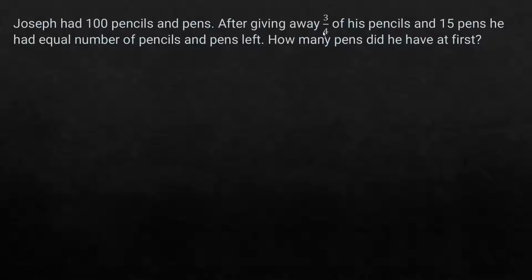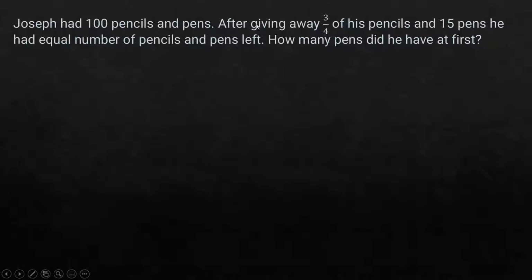In each part, we don't know how many pencils there were, but he divided them into 4 groups and gave away 3 groups. So he was left with 1 out of the 4 groups, right? And in terms of quantity, he gave away 15 pens. After he did all this, he had equal number of pens and pencils left.